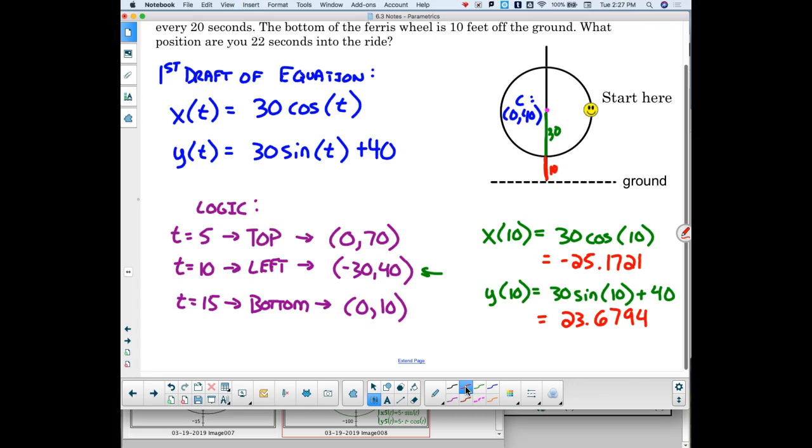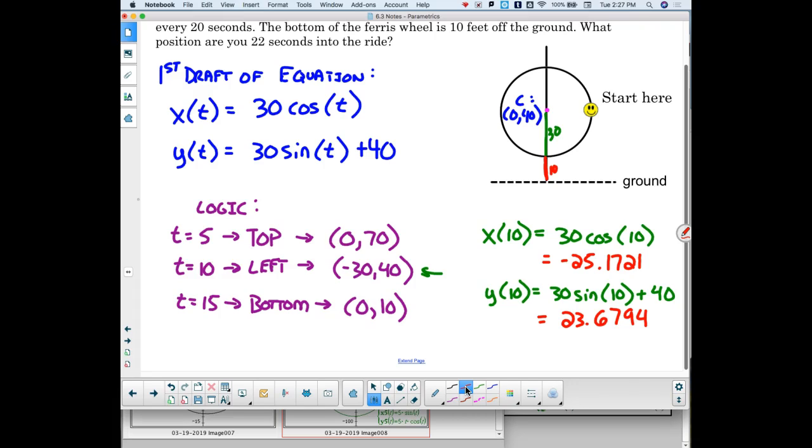What? Are you in degrees or are you in radians? You need to be in radians when you're dealing with parametrics. Okay?